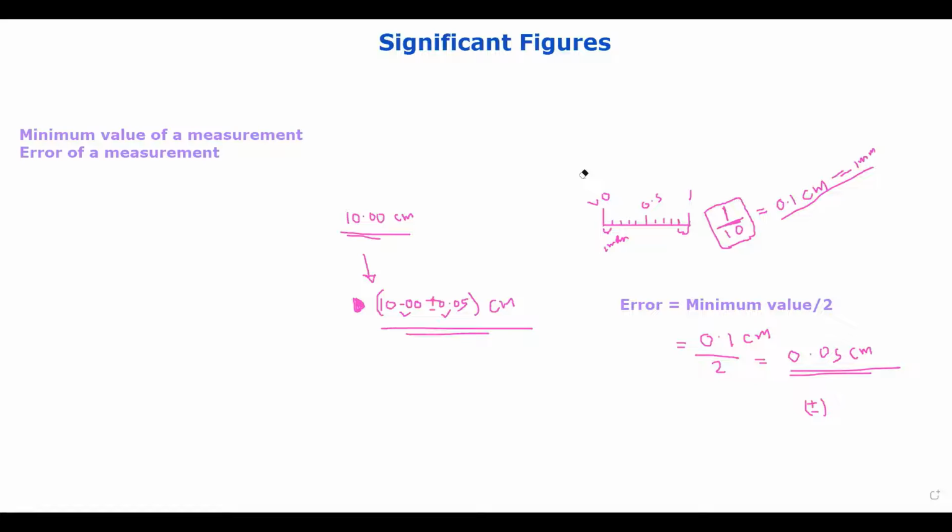However, we can't apply this equation for digital values. For example, you get a voltmeter reading by using a voltmeter. So it's a digital screen. We can't apply this equation for digital measurements. Please remember that.